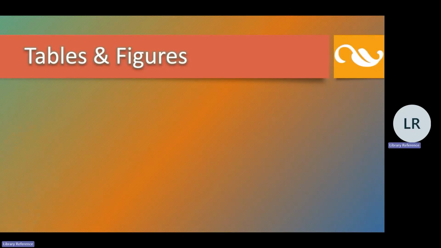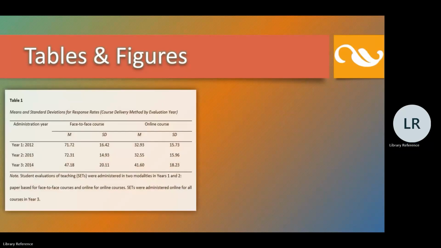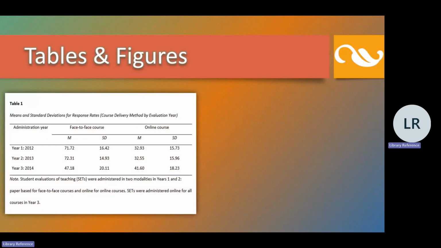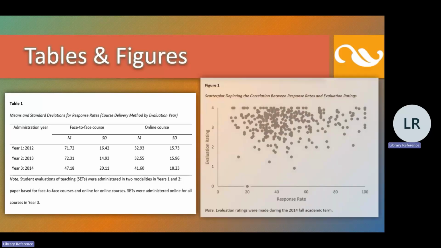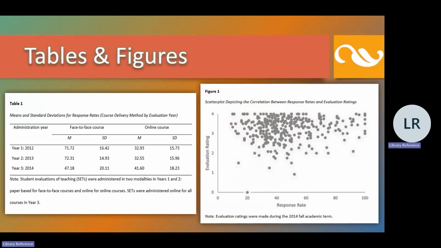Lastly, let's say a few things about tables and figures. An APA table looks something like what you see on the left of this screen, and an APA figure looks like what you see on the right.